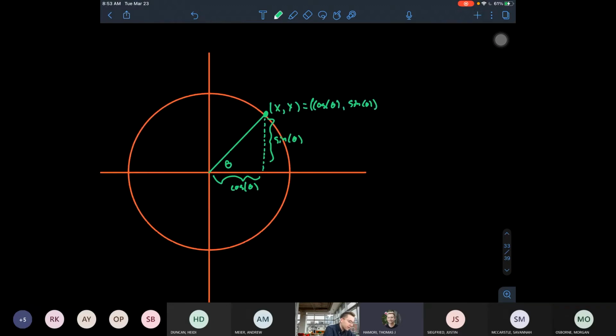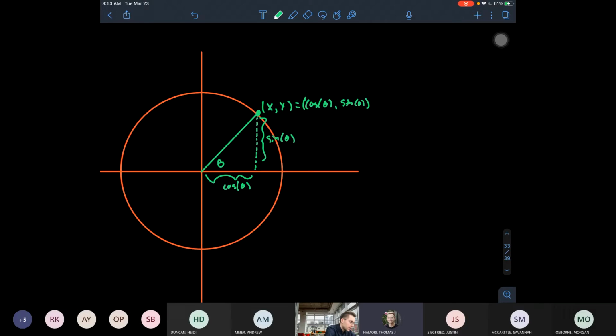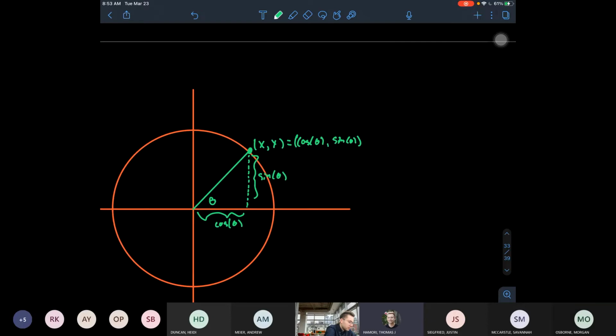And the way we defined the tangent function was to be the ratio between these two values, y divided by x. So we said tangent of theta is equal to y over x, or you could say it's equal to sine theta divided by cosine theta. And that was the way that we wrote it down analytically.